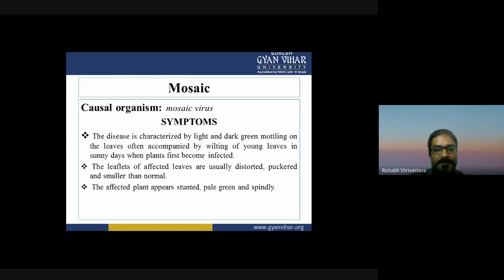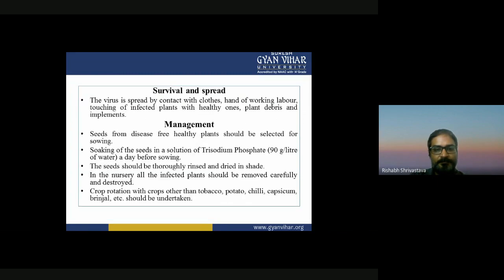The affected plant appears stunted, pale green, and spindly. Survival and spread: the virus is spread by contact with clothes, hands of working labor, touching of infected plants with healthy ones, plant debris, and plant roots and implements.